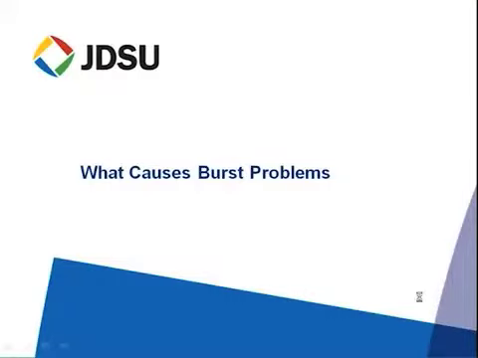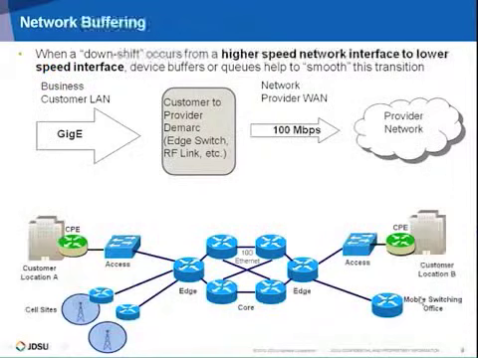So now I want to talk about what causes network buffering problems, burst problems. Network buffering is the key point that I want to bring up here when we're talking about looking for burst problems. It's when there is a downshift in the network that a buffer comes into play. A network buffer, or queue, is an important part of any network device.